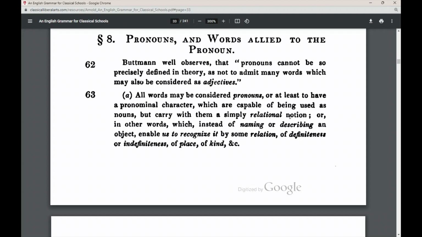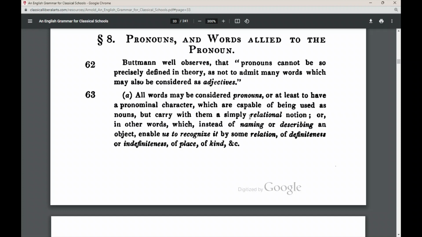So pronouns are words that act like nouns, but they don't express meaning like nouns. They're not names of things. They don't have definitions. They simply express a relation.